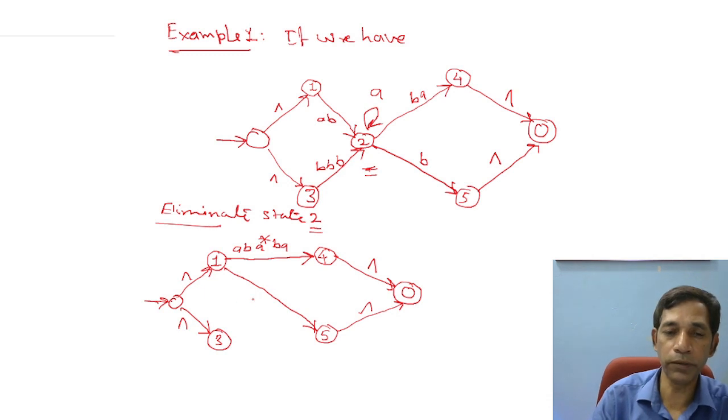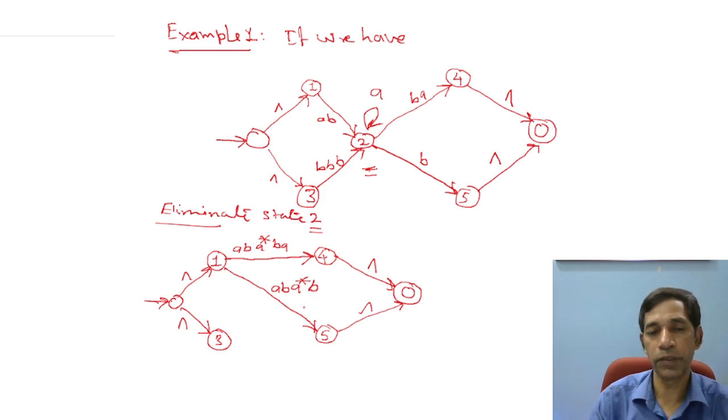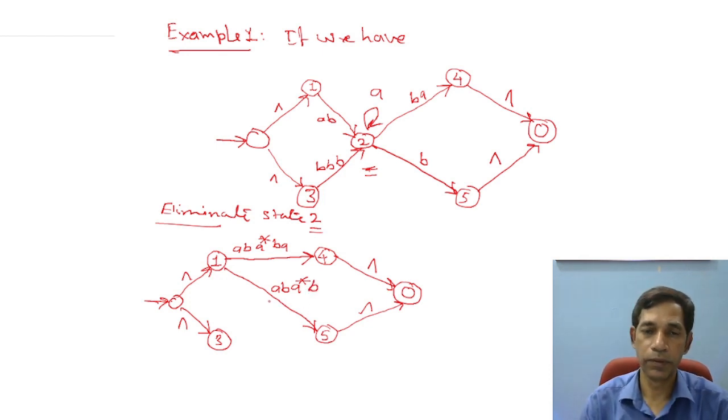What is the regular expression for this? From 1 you come to 2 for the regular expression AB. Then in state 2 you have the loop, so you can say A Kleene star. Then from state 2 you go to state 5 for the regular expression B, so you can write just B. So the regular expression is AB, A Kleene star, B.